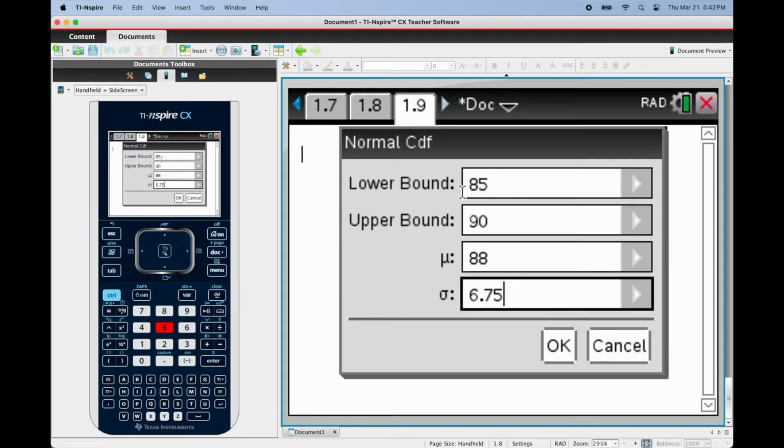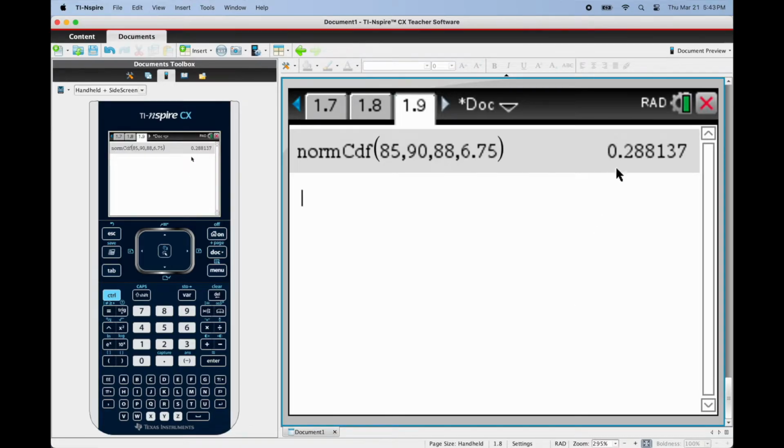And so we're asking, what is the percentage of movies that fall within this range of 85 and 90? Since it's continuous data, minutes, we don't need to put 84 or 91 for this. We just put the bounds themselves. All right, and we have 0.288 or 28.8%. So let's go back to the document and work with that.